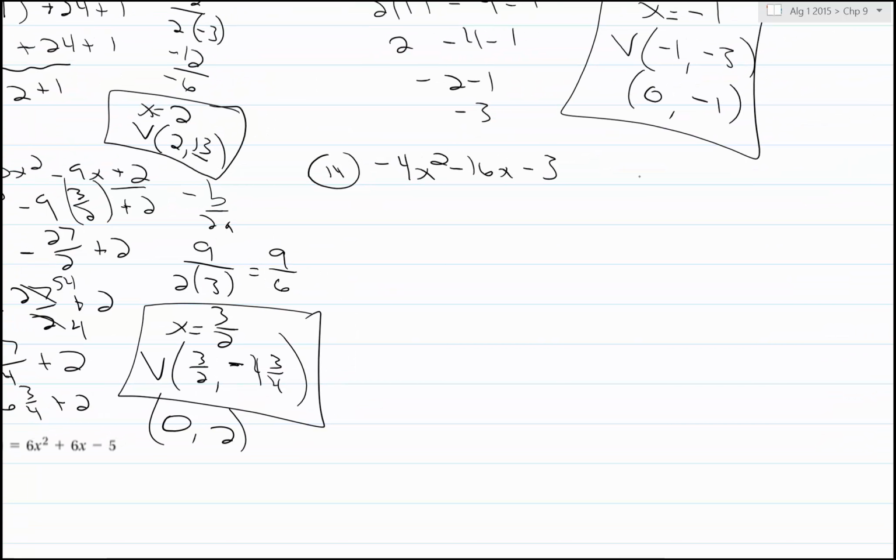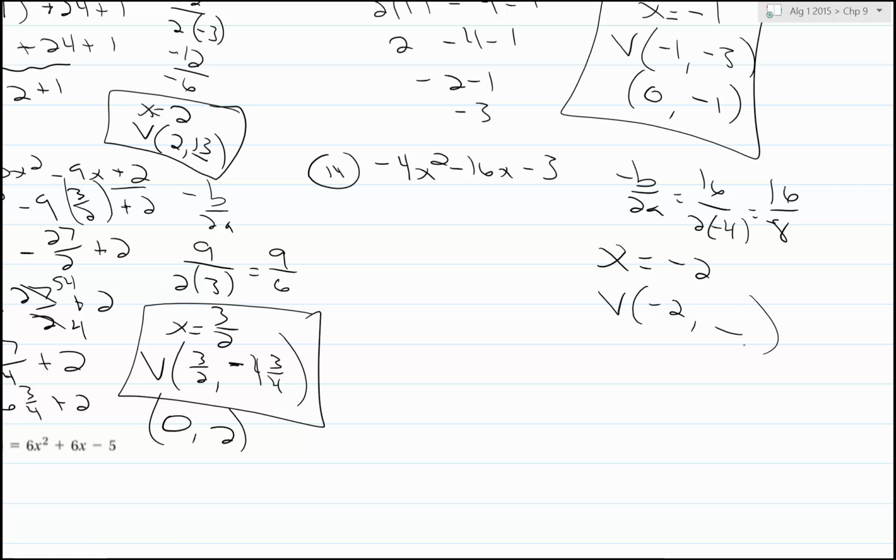Number 14, negative b over 2a is 16 over 2 times negative 4. So we get 16 over negative 8. X came out to be negative 2. The vertex starts with negative 2. We're going to plug it in. Negative 4 times negative 2 squared minus 16 times negative 2 minus 3.